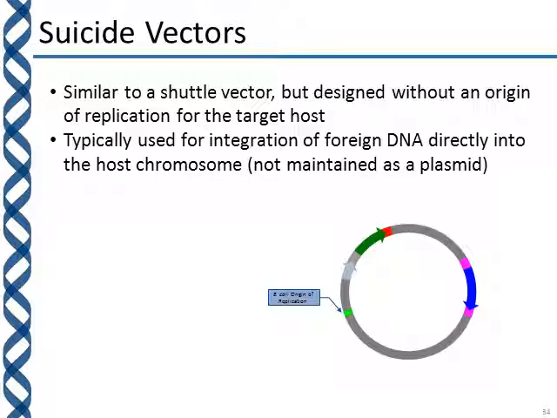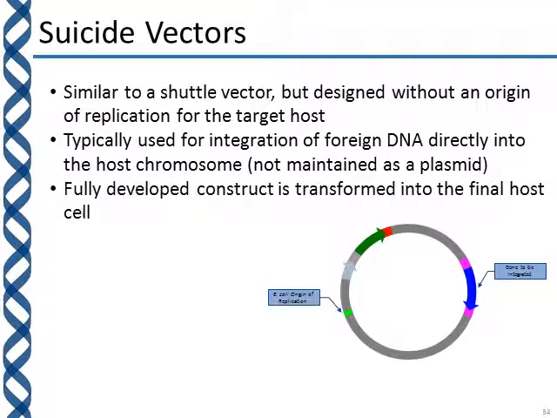Typically, this is used for integration of foreign DNA directly into the host chromosome, not maintained as a plasmid. So again, in this diagram, we show the gene which is to be integrated. Fully developed construct is transformed into the final host cell.